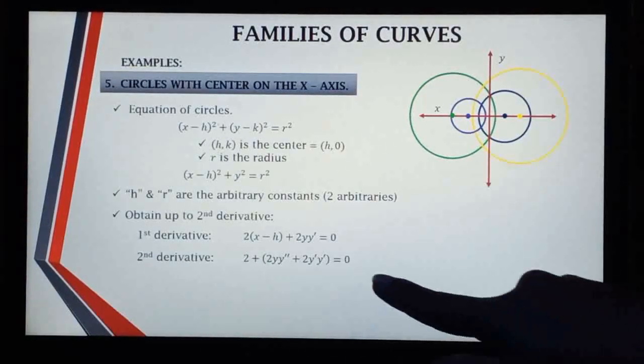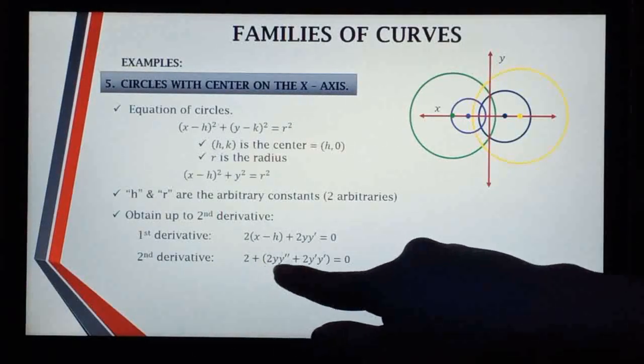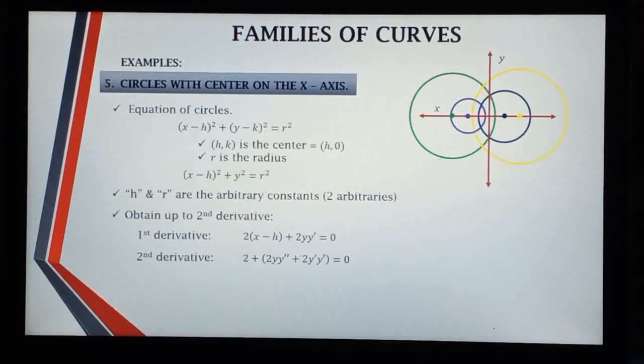In that case, eliminated na natin yung parehas na arbitrary constant, which is the h and the r. So all you have to do is to simplify the equation by dividing the equation into 2. So ang mangyayari, you will now have 1 plus the quantity of y multiplied to y double prime plus y prime multiplied to another y prime, then equated to 0.